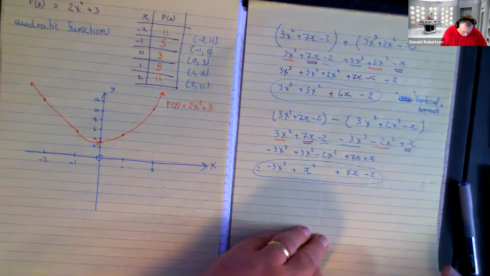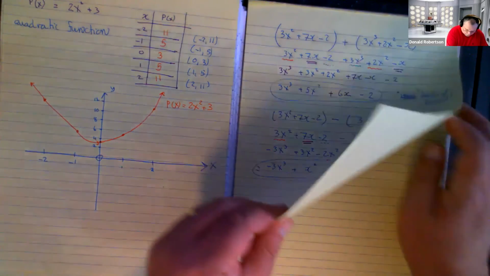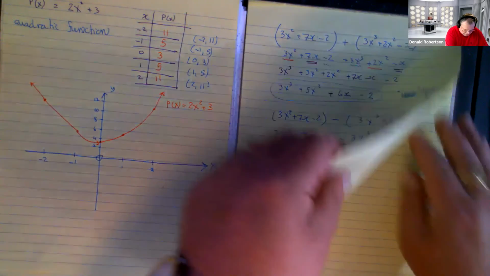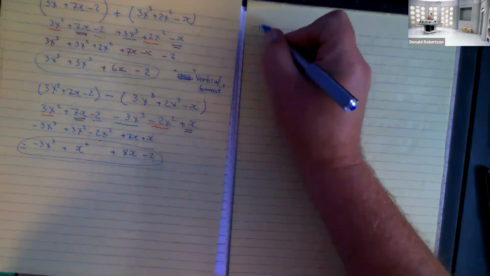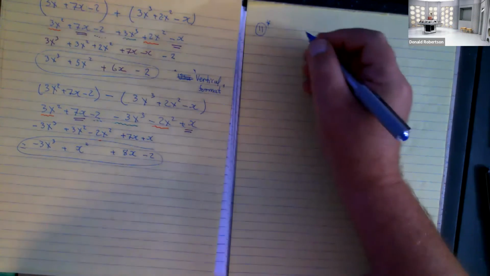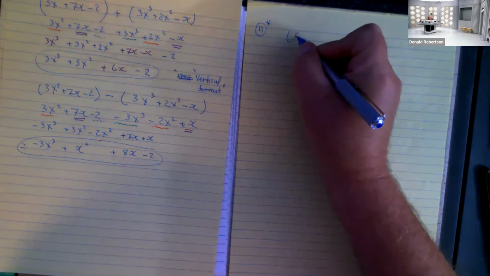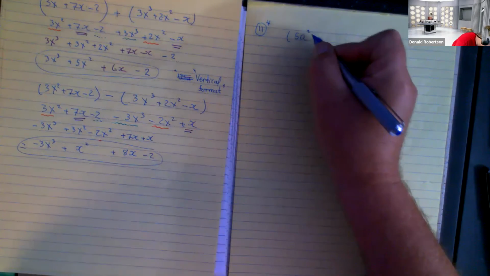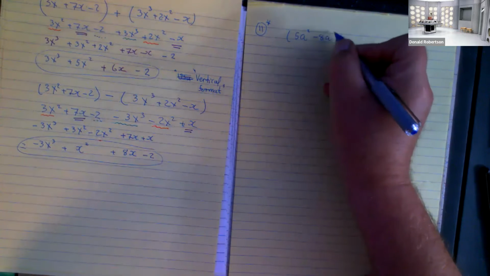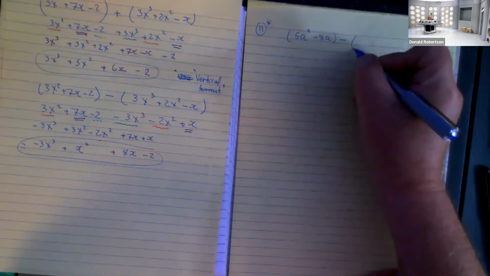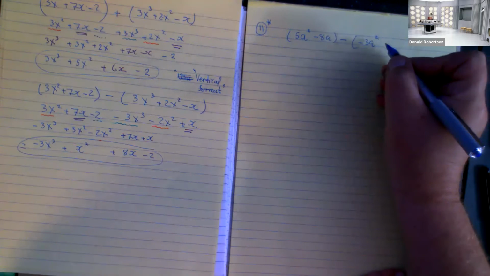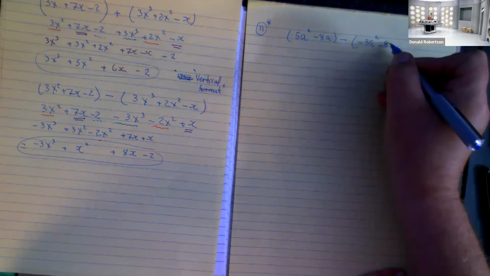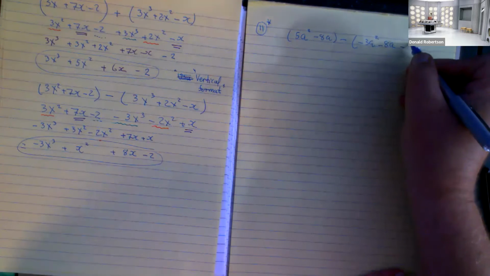Now, there's no reason in the world why a polynomial should only be using the variable x. So for my next one, I'm going to use the variable a. And this one is similar to question 11. So we have 5a squared take away 8a, subtract negative 3a squared, negative 8a minus 8.